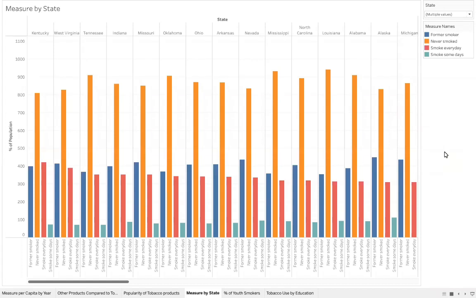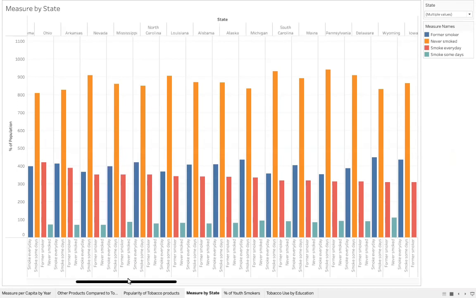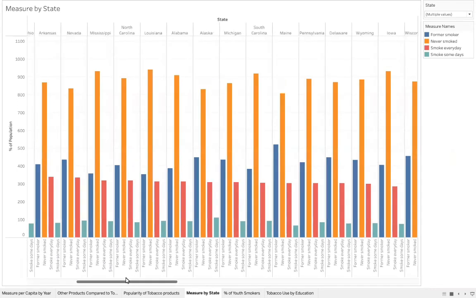So in this graph, we have used the 4 levels of tobacco use throughout all the states in the US to measure the percentages of tobacco use among those levels. We added in filters since it is a lot of information on the screen, and scrolling just leads to more.